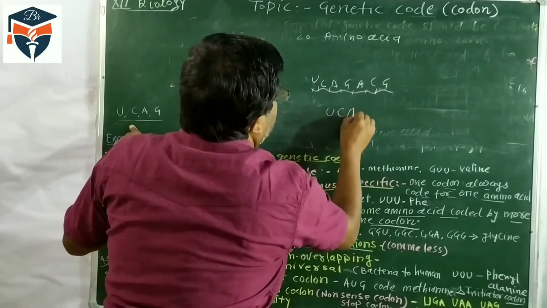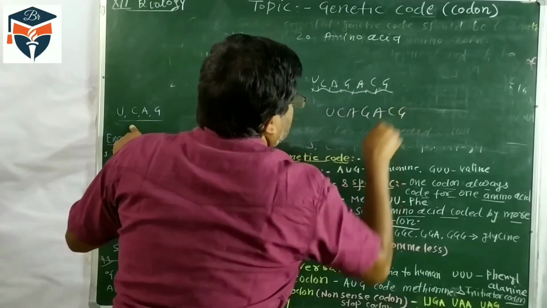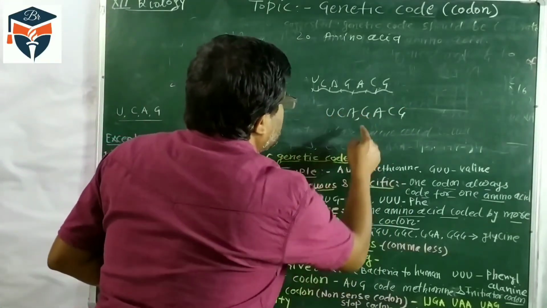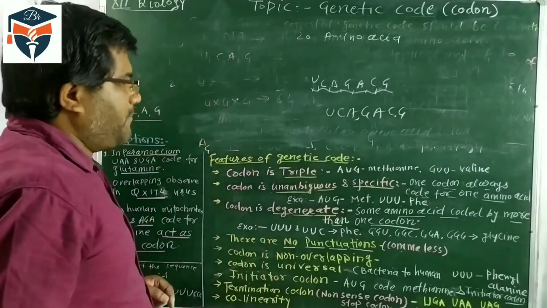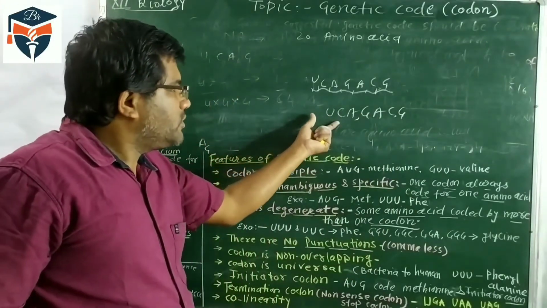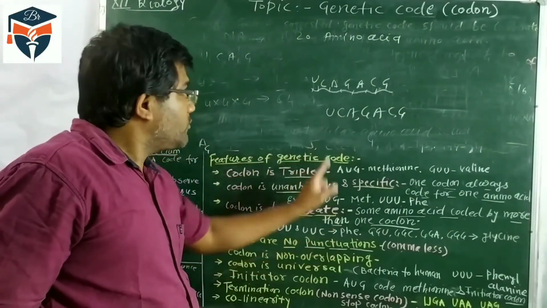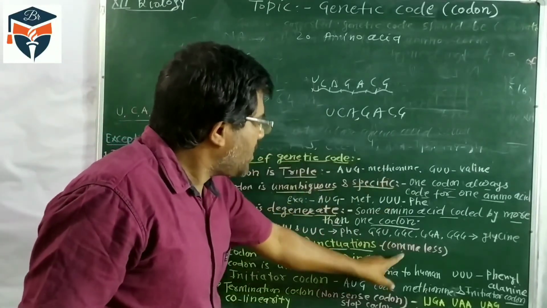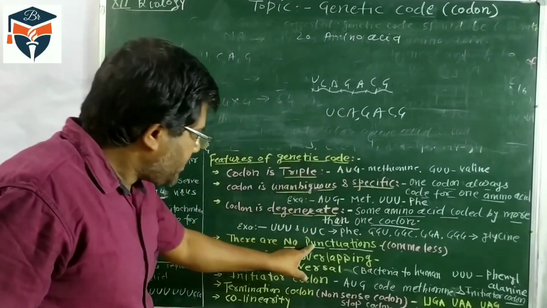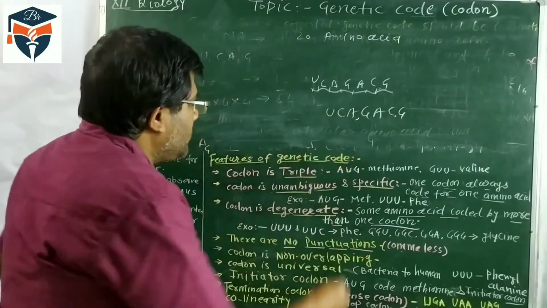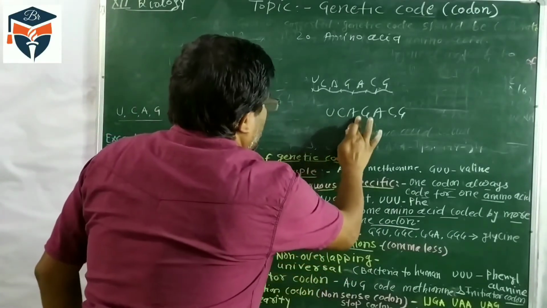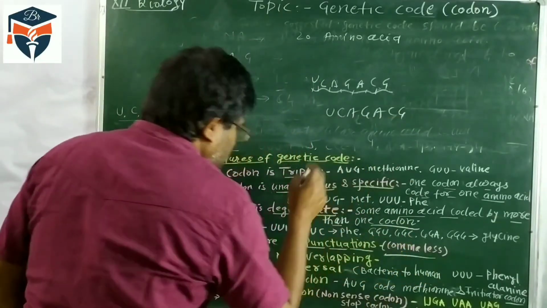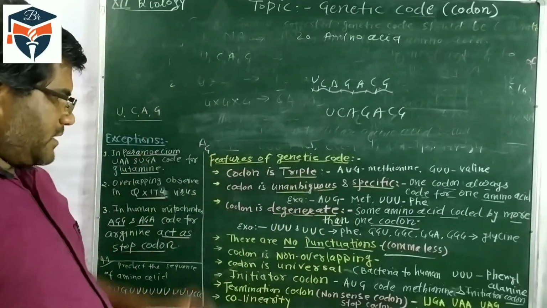U, C, A, G, A, C, G. In these nitrogenous bases, there is no punctuation or comma. After 3 nitrogenous bases, because 3 nitrogenous bases code for a particular amino acid, but in between there is no such comma. It means the genetic code is comma-less, or there is no punctuation.